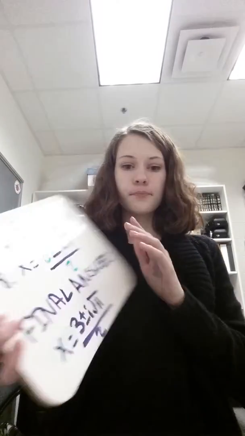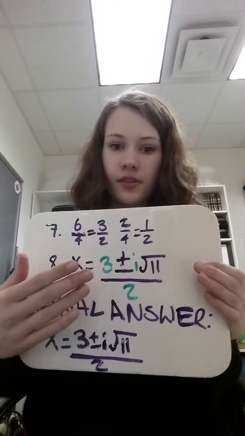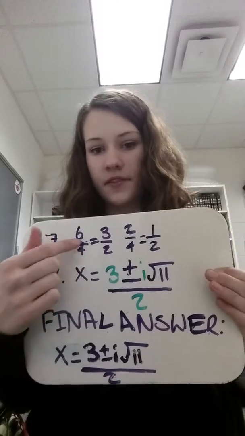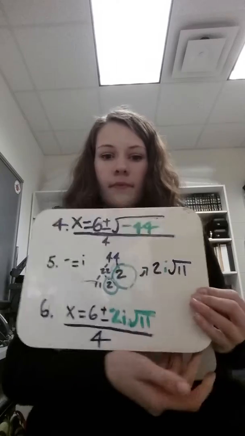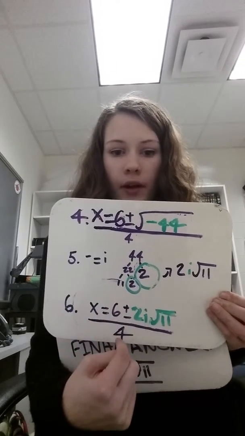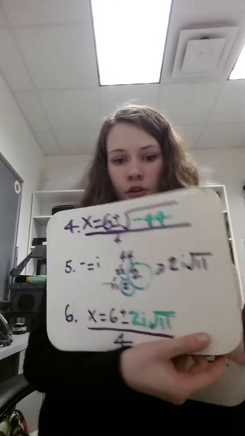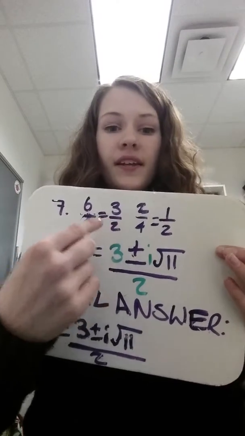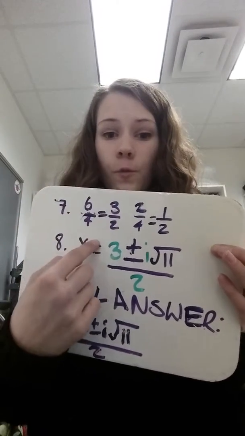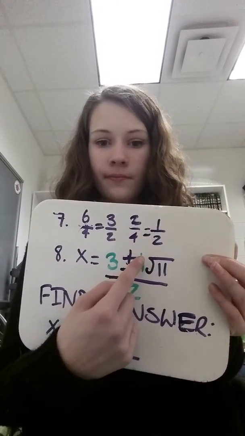And then after that, you need to simplify your things over your division sign. So here you see you have 6 over 4, and you have 2 over 4 here. So when you simplify that, 6 over 4 is equivalent to 3 over 2, and 2 over 4 is equivalent to 1 over 2.